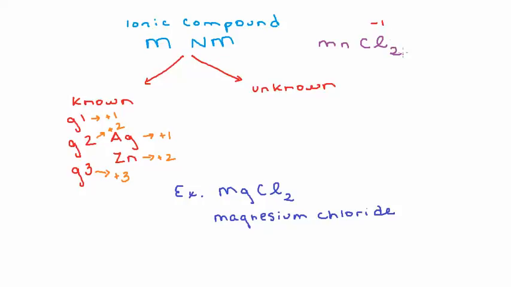But since there are 2 chlorines, that means chlorine contributes a total charge of -2, which means that the charge of manganese must be +2. So when I write the name, I would write manganese (II) chloride.